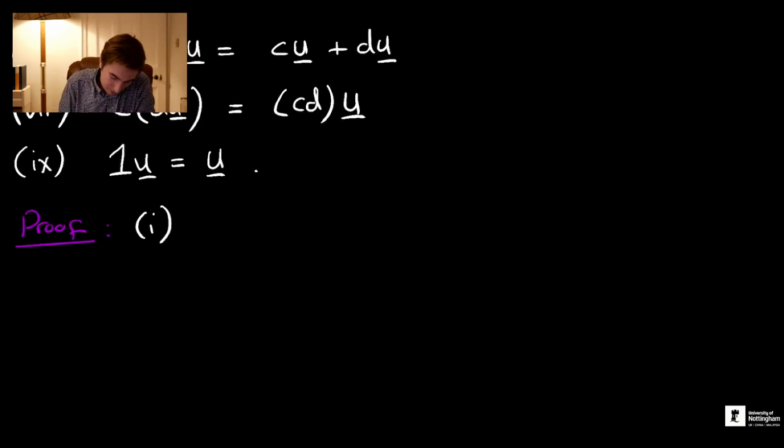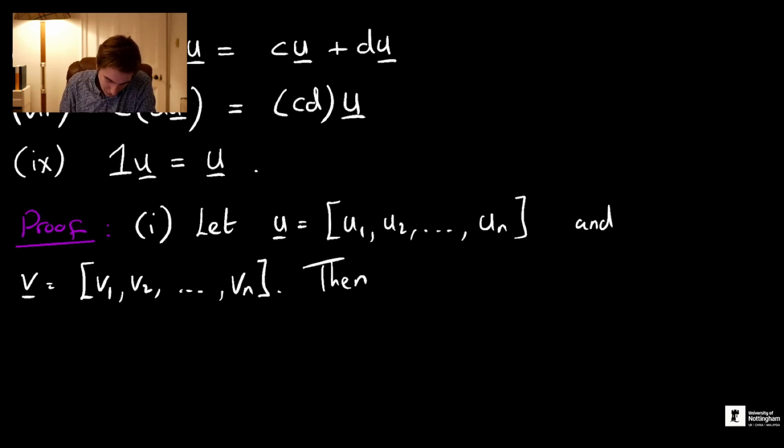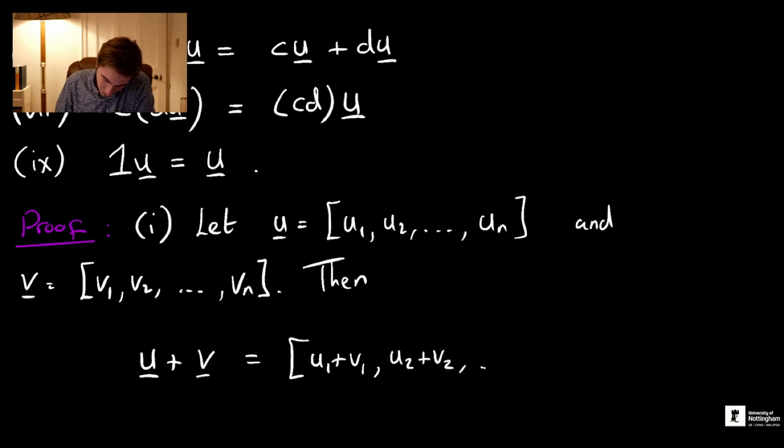So if we let u equal (u1, u2, ..., un), and v equal (v1, v2, ..., vn), then what do we find as u plus v? u plus v is equal to (u1 plus v1, u2 plus v2, ..., un plus vn).